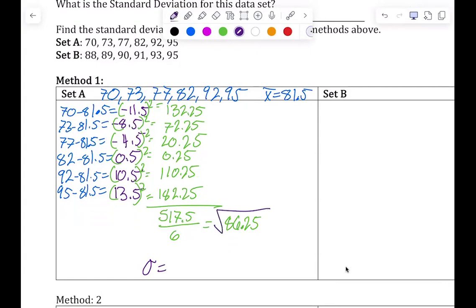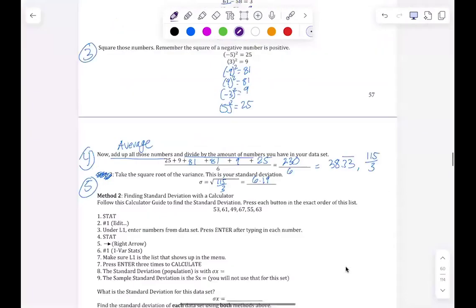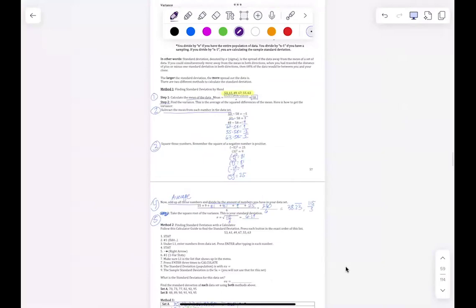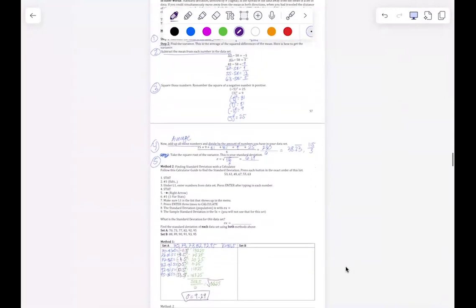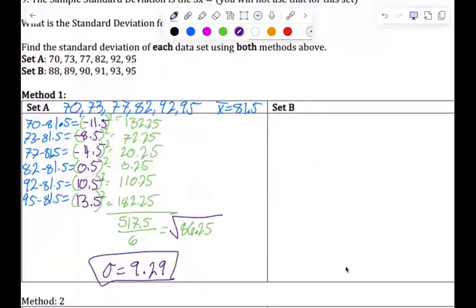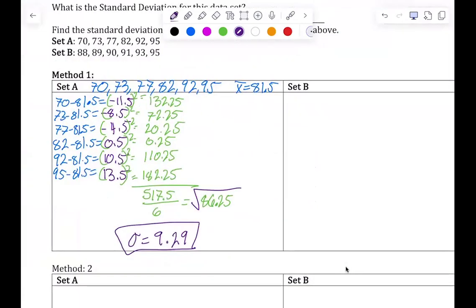We take the square root of it. Those are all the steps that we had over here in the notes. Where are your notes? Okay, you're going to do the same thing for set B.